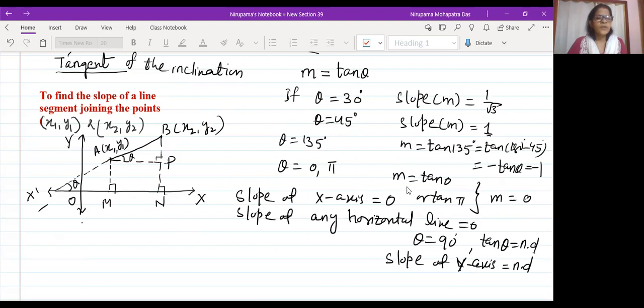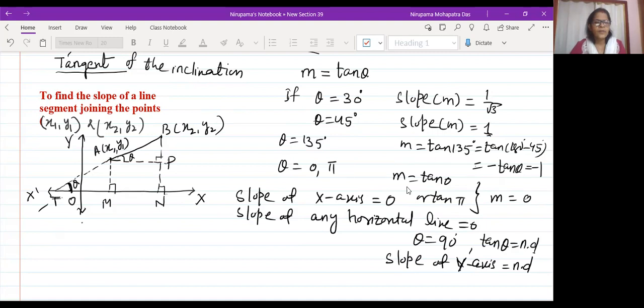Also I have produced BA so that it intersects x-axis at T. So this angle ATO is theta, and this angle BAP is also theta.